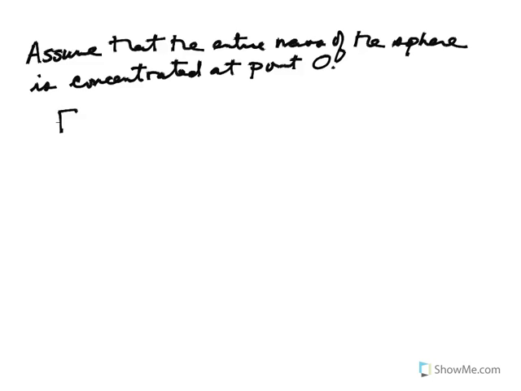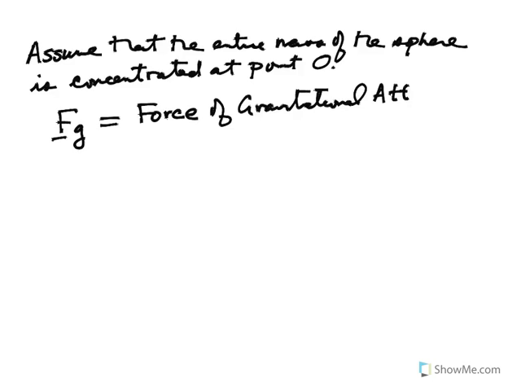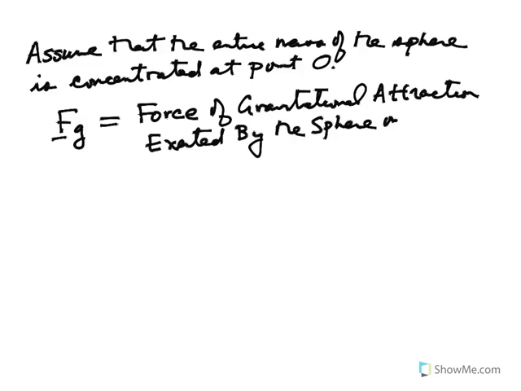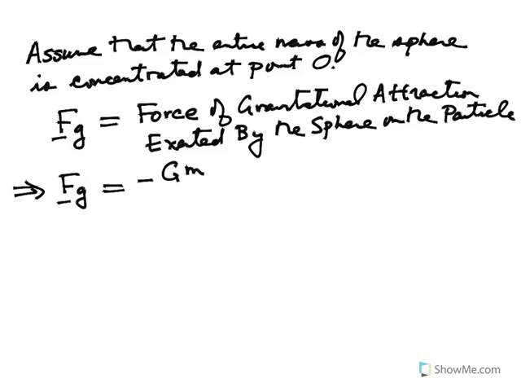So if I write the force of gravitational attraction exerted by the sphere on the particle, now this, if I use the terminology that I did before, gives me minus G times the mass of the particle times the mass of the sphere, all divided by r squared times ER, where in this case r is equal to capital R plus h.